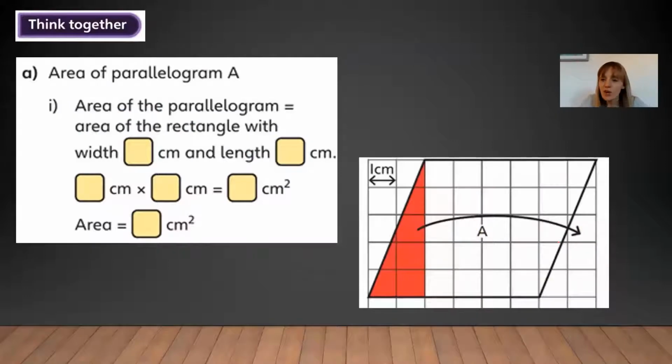So let's have a look. These are the two ways now. So in our think together, first of all, I'm showing you parallelogram A. Now this is using the method where we're going to move part of the parallelogram and change it into a rectangle. So can you see here that what they're doing, this part they've noticed is the triangle at the end, because you've got here a straight edge which creates the width, and they're popping it over here.